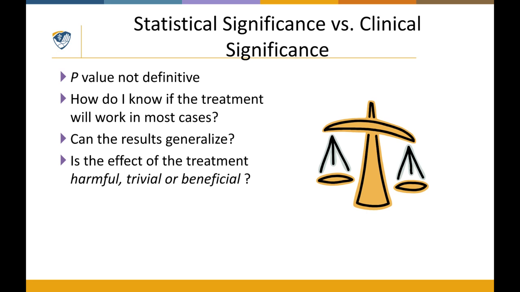Is the difference beneficial? In other words, is one drug doing a much better job of controlling pain than another? Or is the difference we're seeing actually harmful, where one drug might actually make pain worse versus a control or an alternative treatment? So we often think about these effects that we're seeing as being either harmful, trivial, or beneficial.